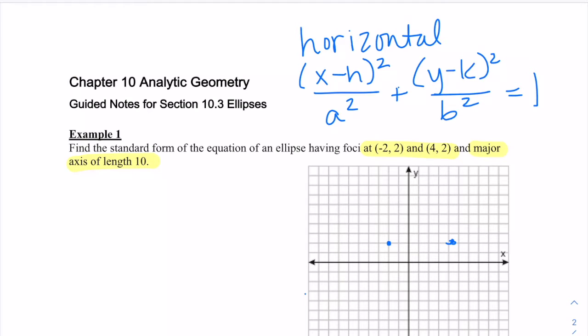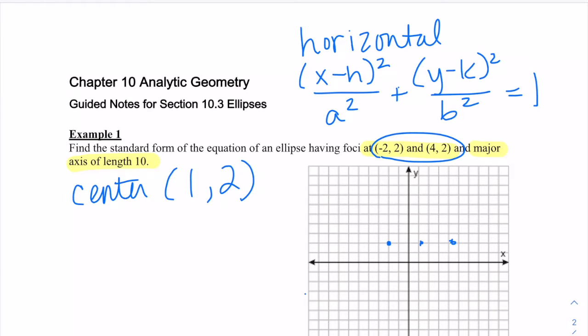Now to find the center, well, we just have to find the midpoint between the foci. So that will be (1, 2). Since we're given the major axis length is 10, we know 2a equals 10, or a just equals 5. And we can figure out c just by looking at the picture.